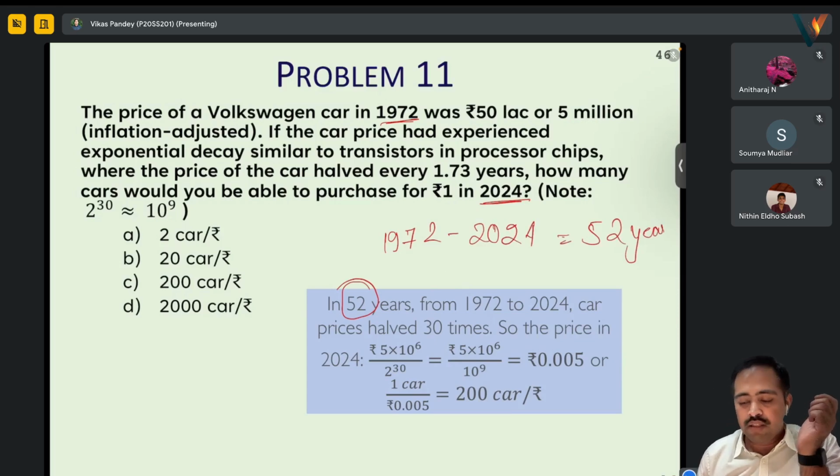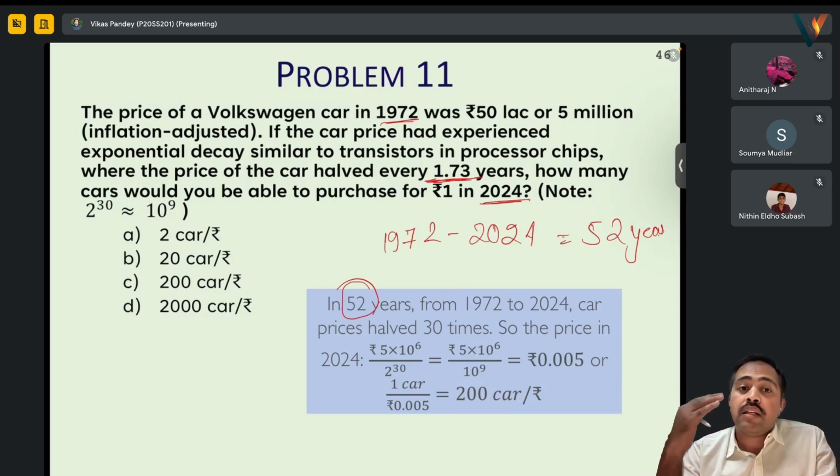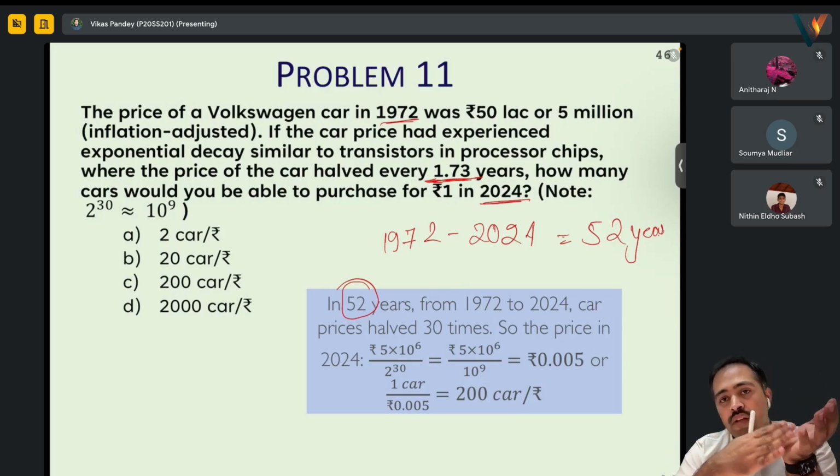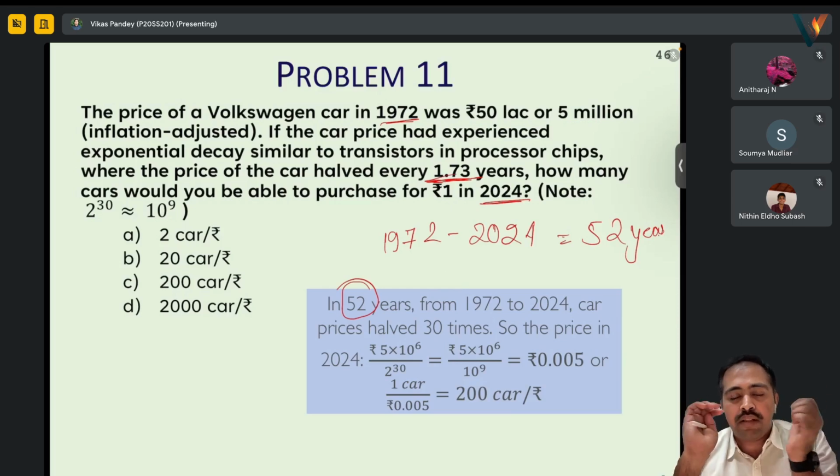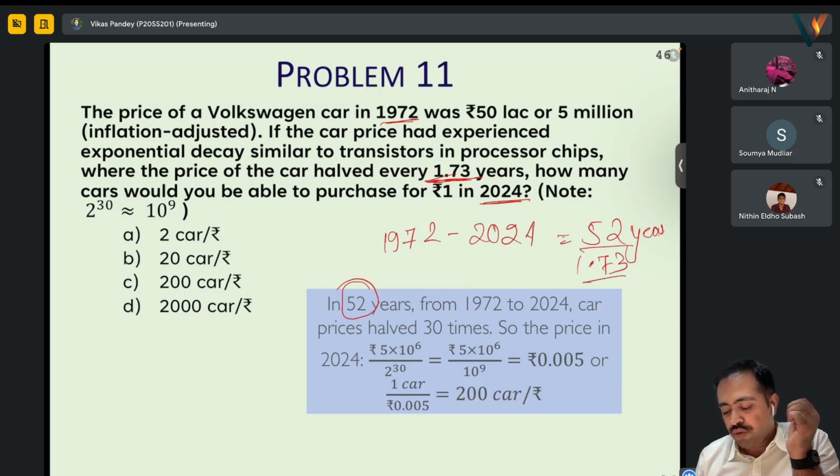And every 1.73 years, the price is getting half of what it was. Like if it was 50 lakhs, it will cost 25 lakhs after 1.73 years. So we are dividing this 52 by 1.73. And if you divide, you will get approximately 30 point something.